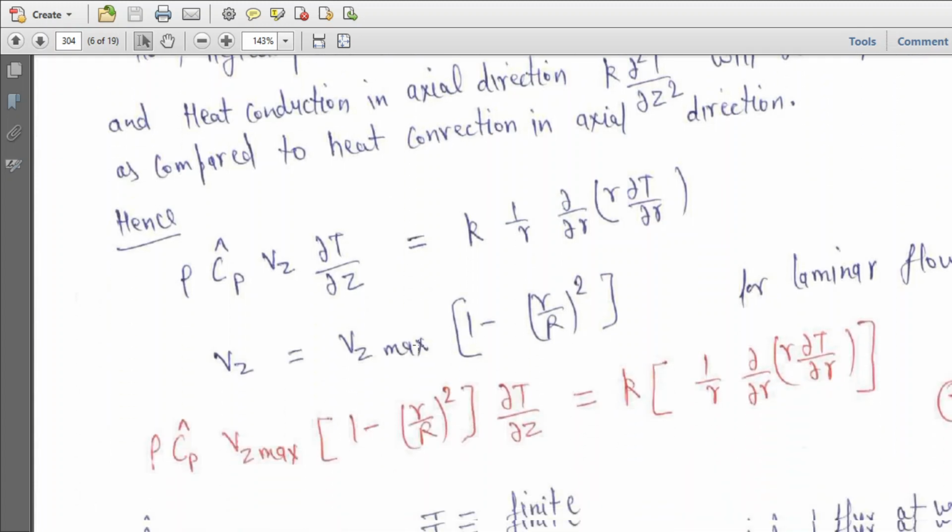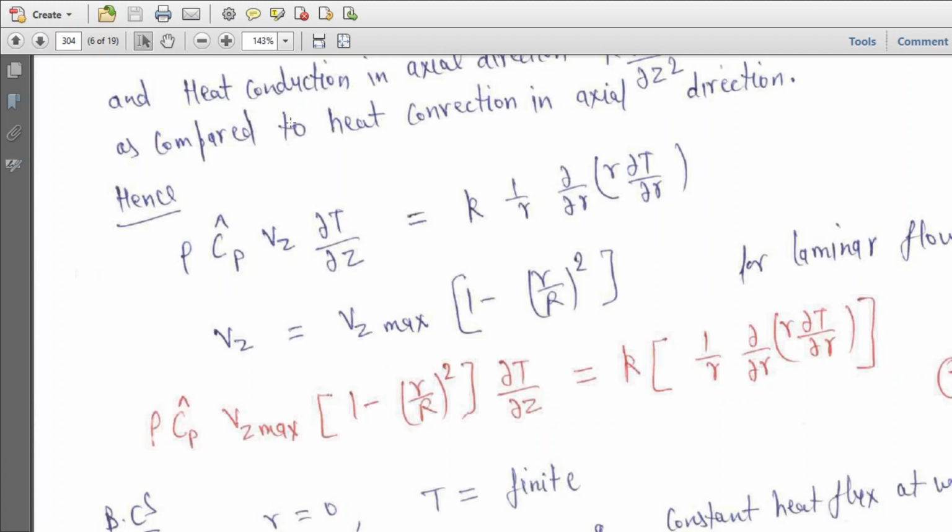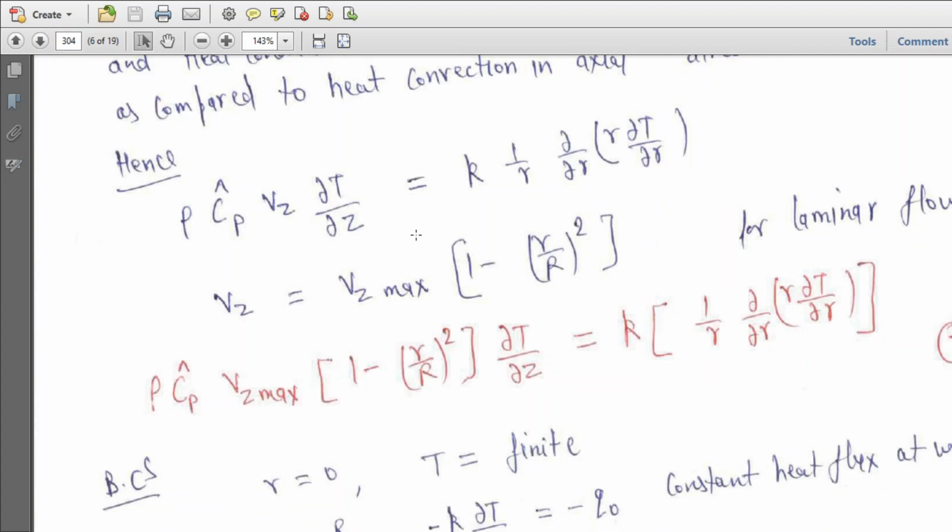Now, our resultant energy transport equation that needs to be solved is this one: rho Cp Vz del T upon del Z equal to K, 1 upon R, del upon del R of R del T upon del R. And here Vz equals Vz max times (1 minus R square upon capital R square) for laminar flow. Substituting this, our resultant equation is rho Cp Vz max (1 minus R square upon capital R square) del T upon del Z equal to K, 1 upon R, del upon del R of R del T upon del R, equation number 7.